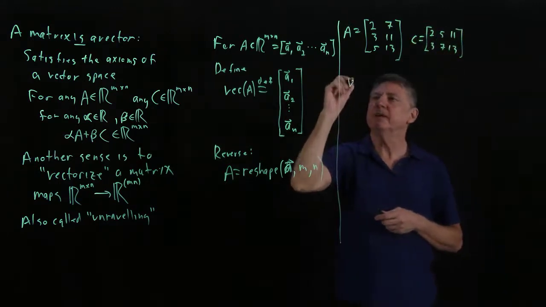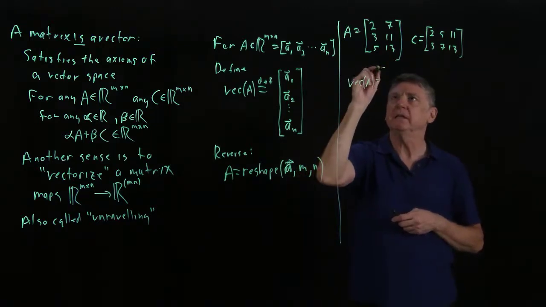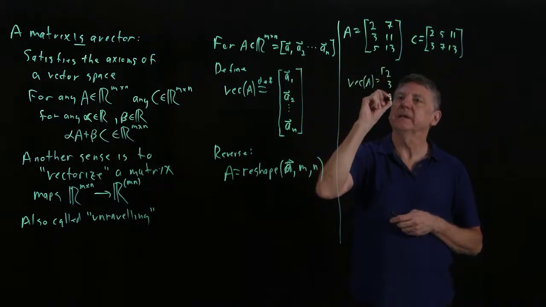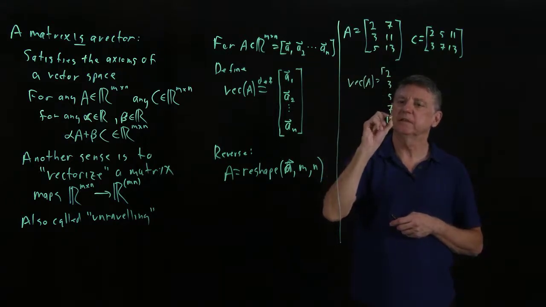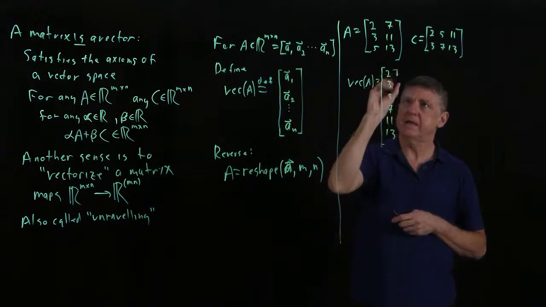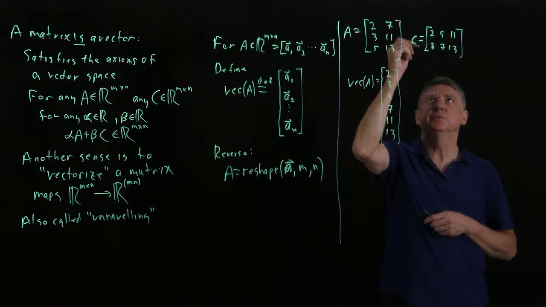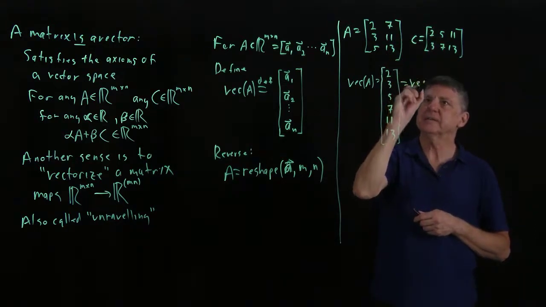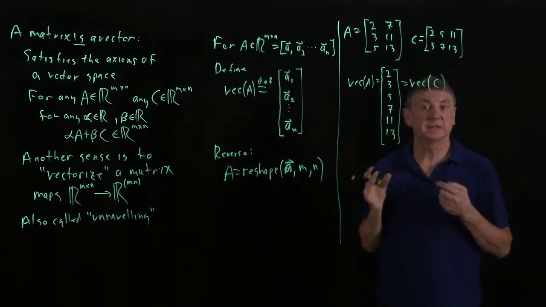The vectorization of the matrix A will be 2, 3, 5, and then we write the second column, which is 7, 11, 13. And if we were to vectorize C, it would be 2, 3, 5, 7, 11, 13. So the vectorization of these distinct matrices is the same.